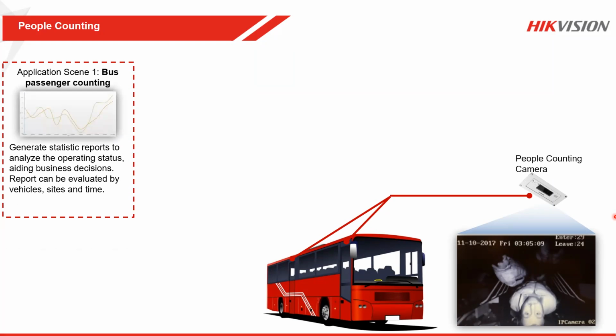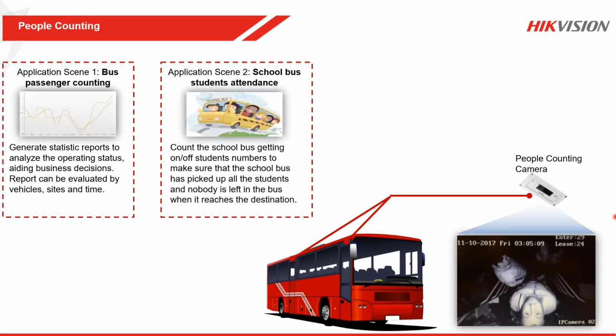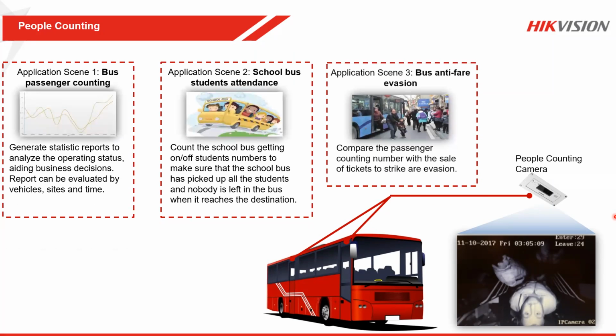So we can look at people counting reports generated by daily, weekly, monthly. So this can lead to types of operational costs as well as operational planning as well.